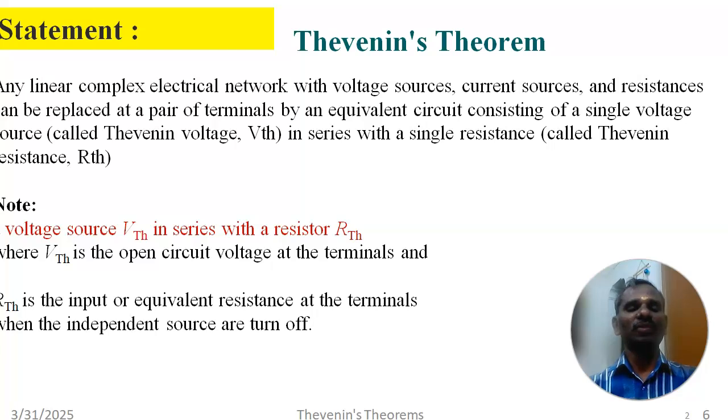Note, to find your voltage source VTH in series with your resistance RTH: VTH, another name for which is the open circuit voltage at the terminals, and RTH is the equivalent resistance at the terminals when the independent sources are turned off.